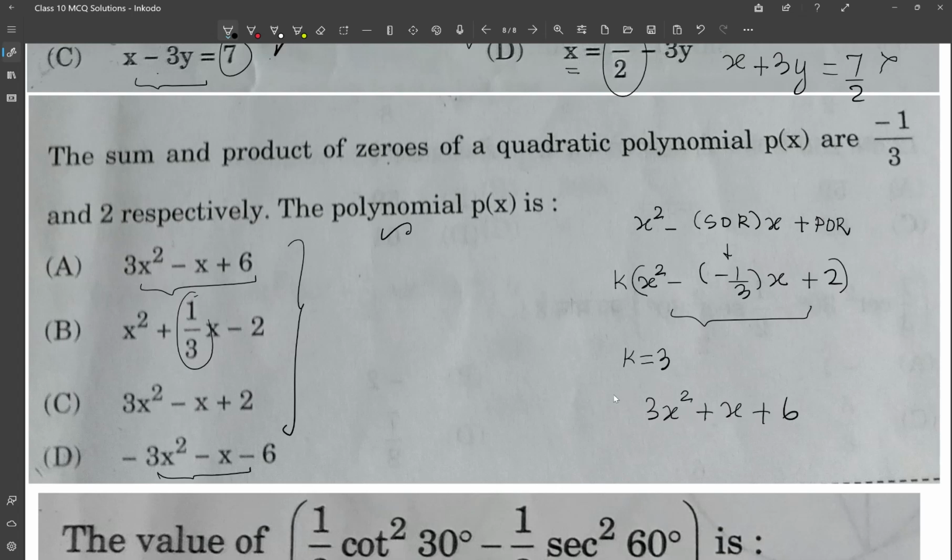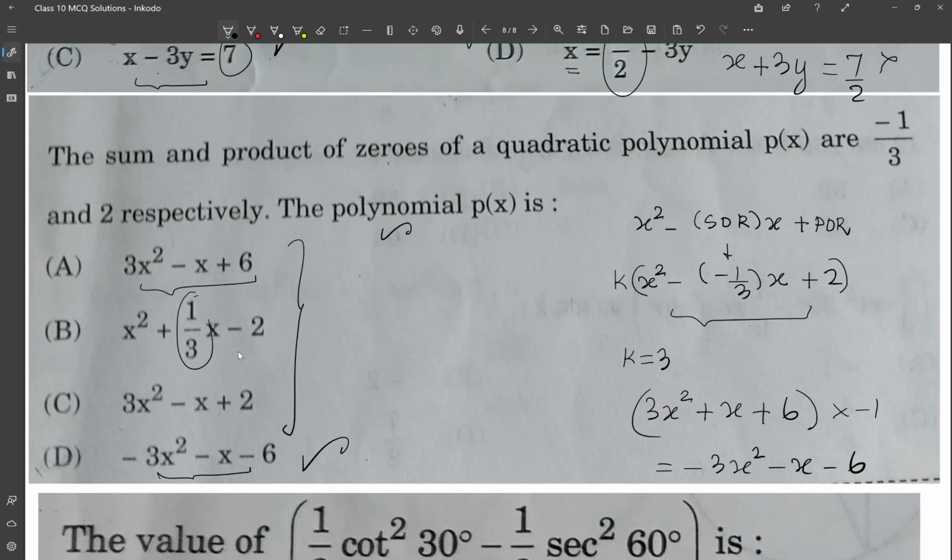Do we have an option here? 3x square plus x plus 6 can also be multiplied with minus 1 further, and that can be equal to minus 3x square minus x minus 6. So option D is the correct answer.